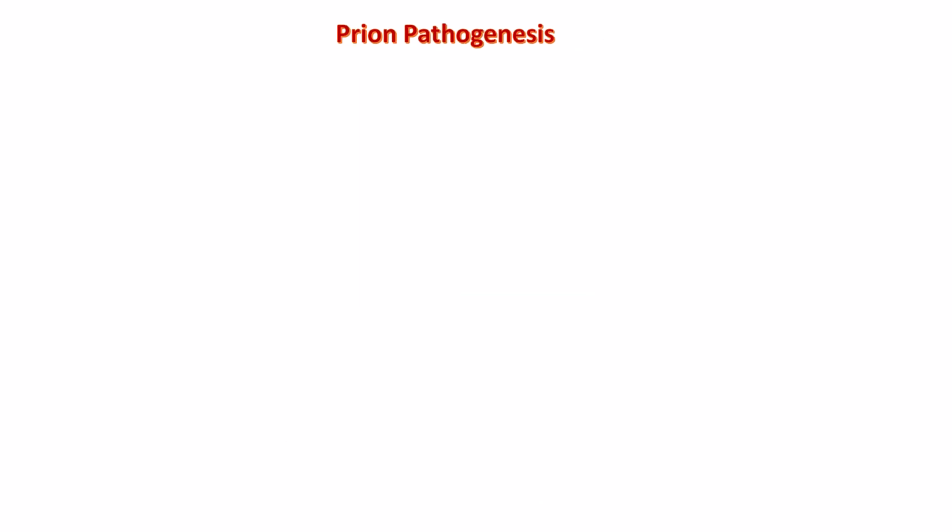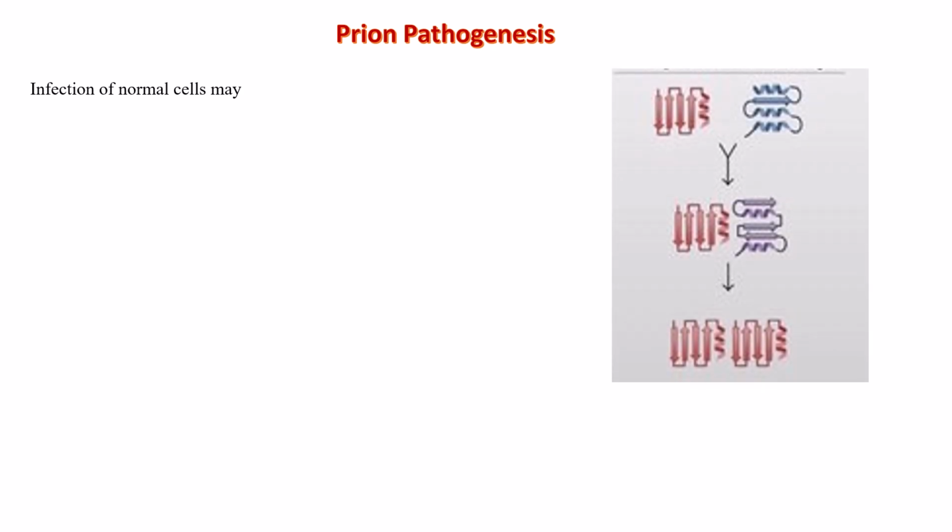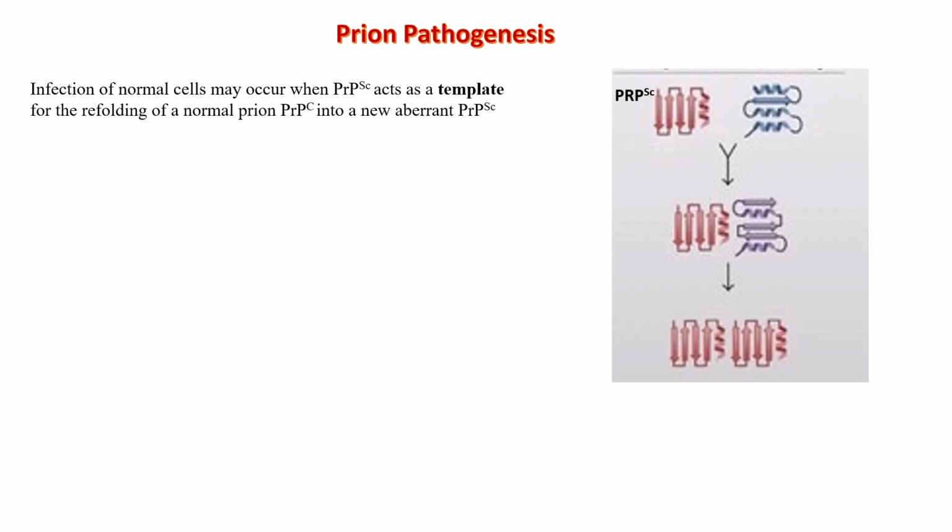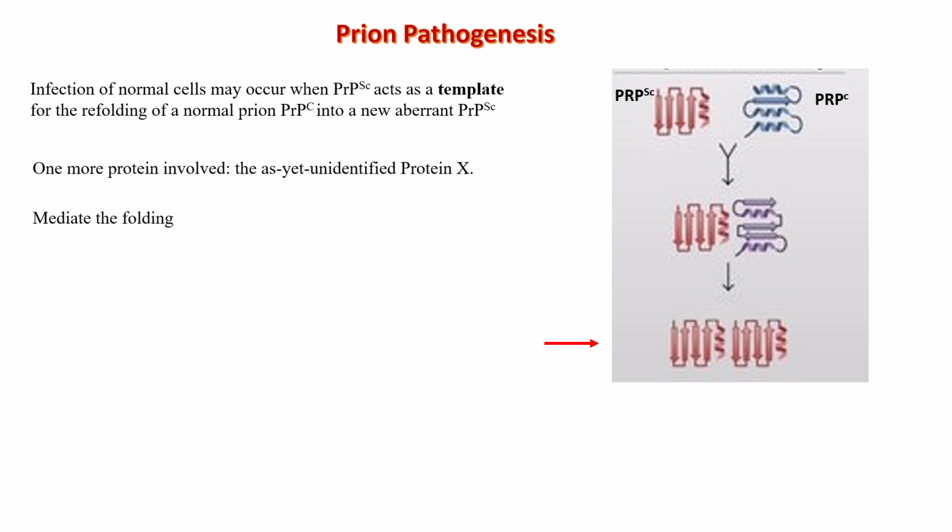Talking about prion pathogenesis, infection of normal cells may occur when PRP-SC acts as a template for the refolding of a normal prion PRP-C into a new aberrant PRP-SC. It is thought that there is at least one more protein involved, the as yet unidentified protein X. This protein is believed to mediate the folding from a normal into an abnormal prion.